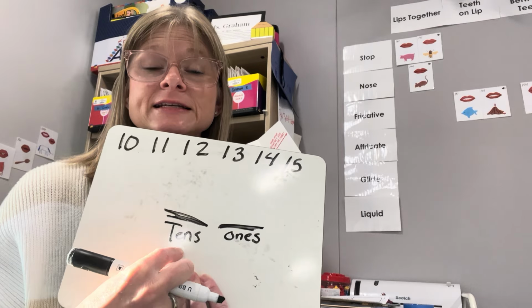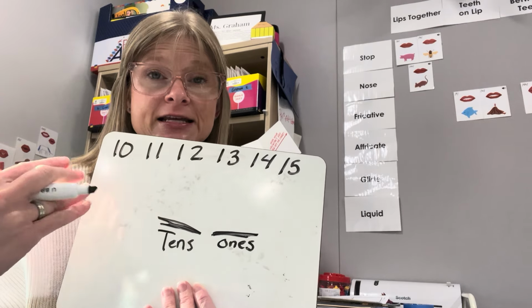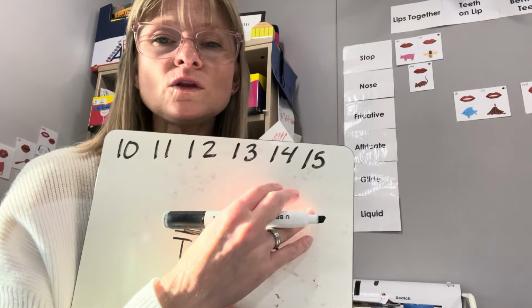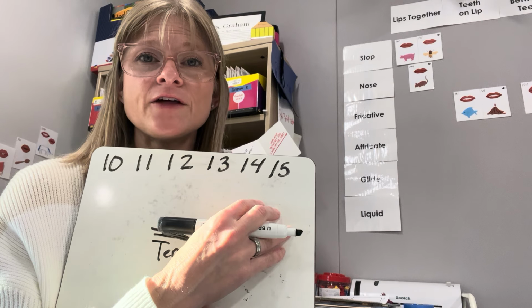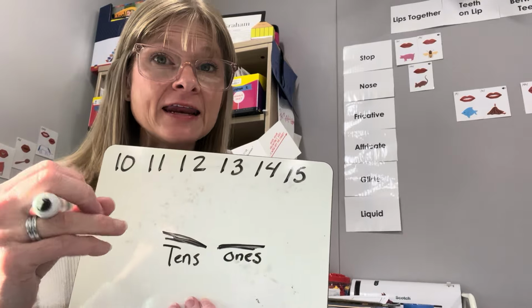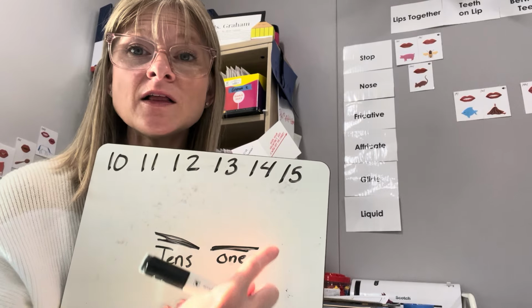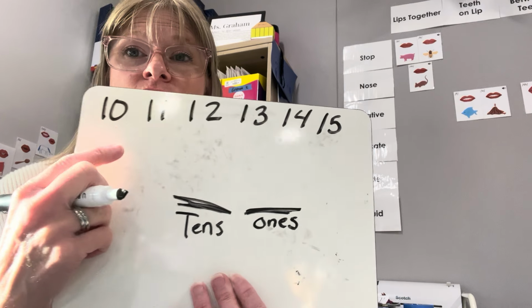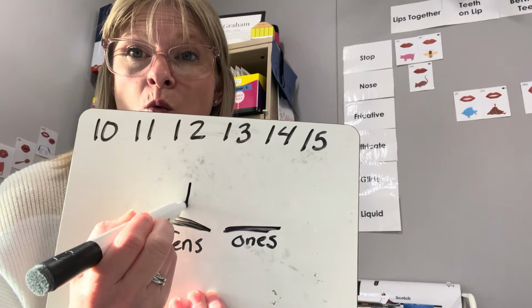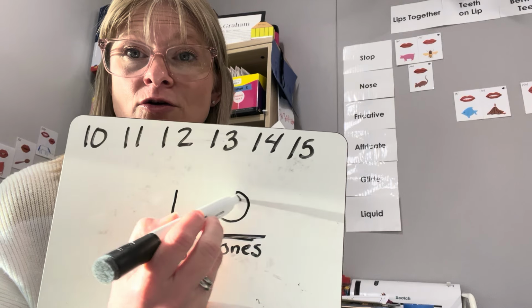So we have practiced looking at 10, 11, 12, 13, 14, 15, and grouping together 1 ten. That shows us how many tens are in those teen numbers, as well as how many ones there are. So when you look at the number 10, it says there's 1 ten and 0 ones.